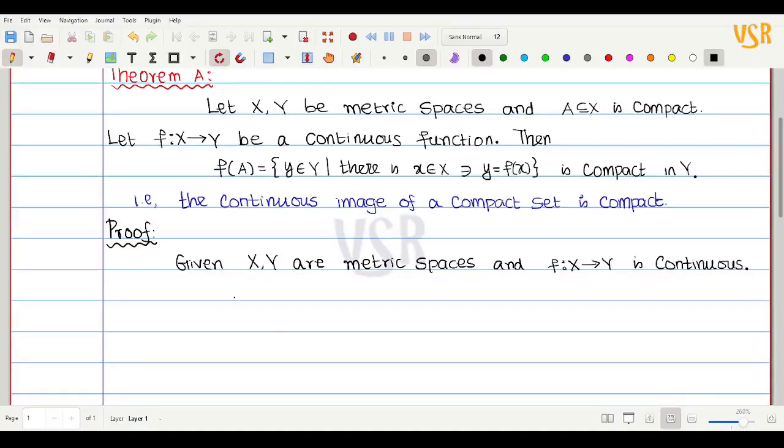Also given, capital A, a subset of X, is compact. To prove: f of capital A is compact in Y. We need to show that this f of A is compact in Y.